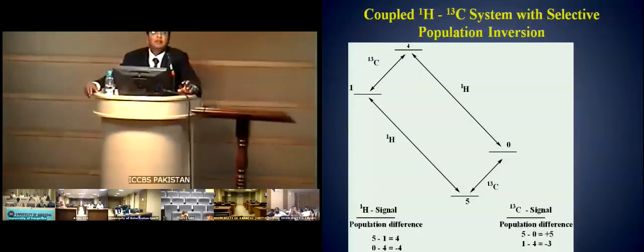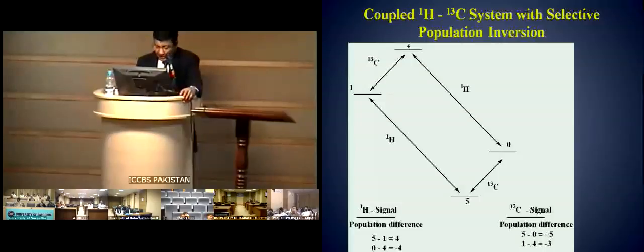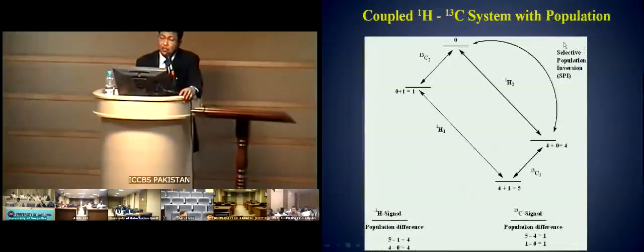And this has happened by a phenomenon called polarization transfer, absolutely independent of hardware, by doing a manipulation called selective population transfer or selective population inversion for the proton. This is always a proton, right? Selective population inversion. How this happens, forget about it for now.